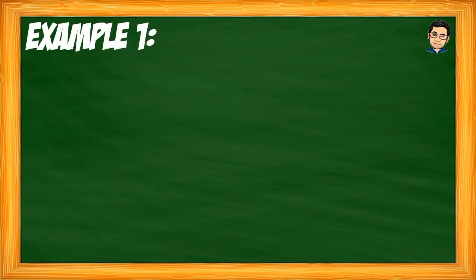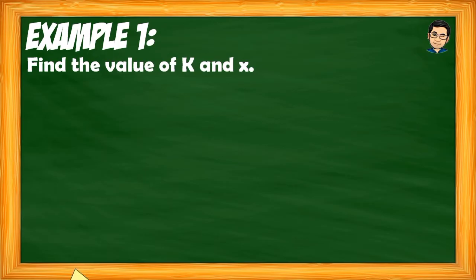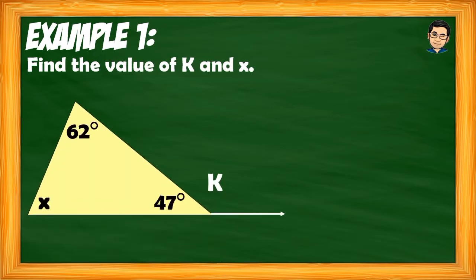So let us have an example. Find the value of K and X. Okay. So, una muna natin kukunin dito is yung value ng K. Is it possible to get the value of K kung yung X natin is unknown? Yes, it's because meron po kasi tayong dito corresponding interior angle. So gagawin natin 47 degrees plus the measure of angle K is equal to 180 degrees because they form a linear pair.